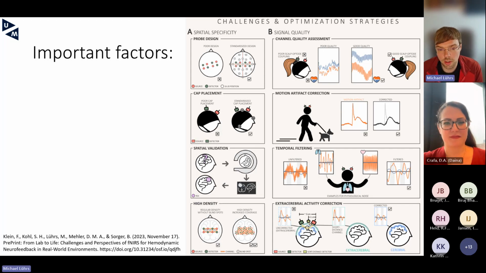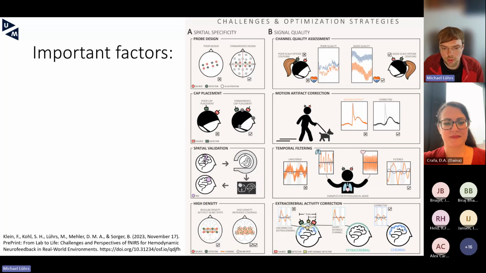This can be done by spatial validation using, for example, an MRI reference scan and then performing neuronavigation. Or you're using, for example, high density setups, which can cover a broader region, and with this also increase the potential that you hit the right spot. So this gives you a much bigger chance to really measure the right signals.